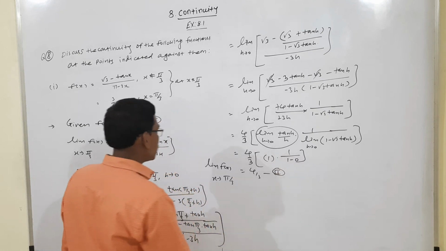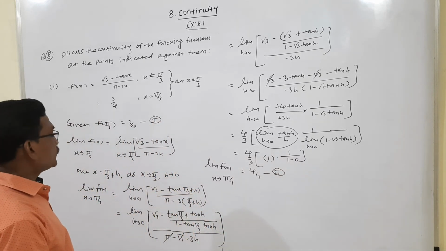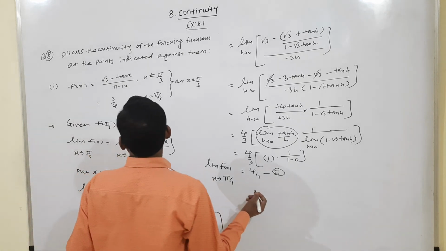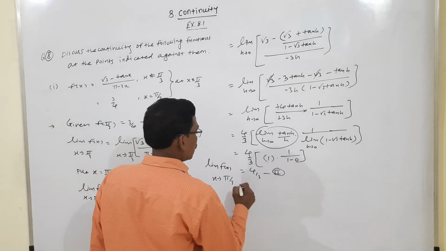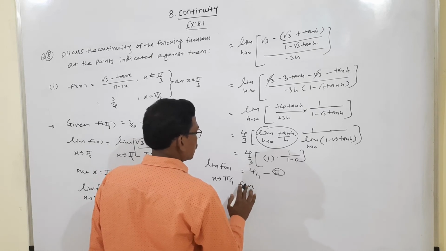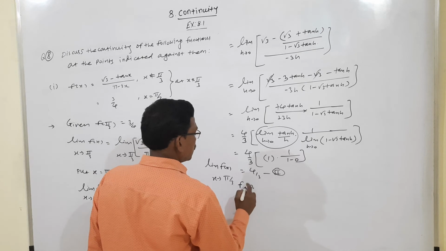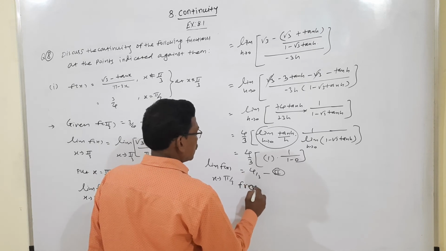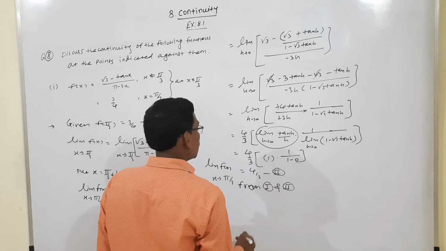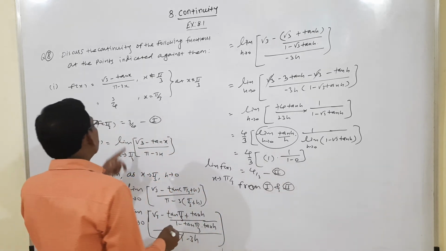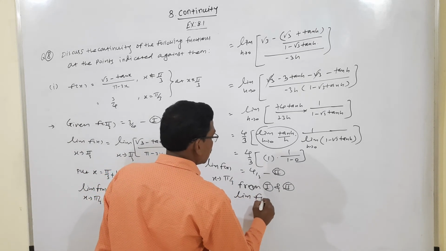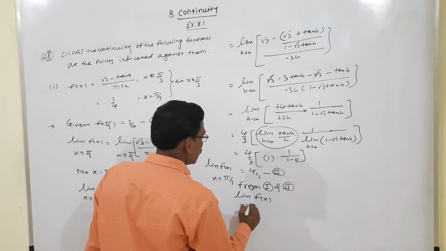Call this the second equation. Now from the first and second, it is 3 by 4 and 4 by 3. From the first and second, the right hand sides are not equal, therefore the left hand sides are also not equal.